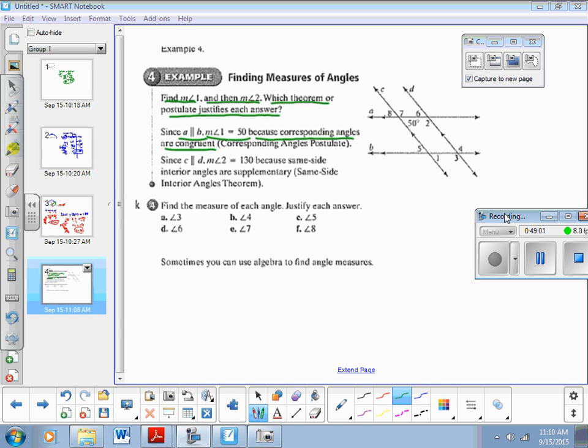Okay. The angle 50 is corresponding to angle 1. If you were to cut these 4 and put it on top of this, angle 50 would be on angle 1, wouldn't it? So angle 1 is 50 degrees. You understand how they solved that and how they justified it, their corresponding angles?